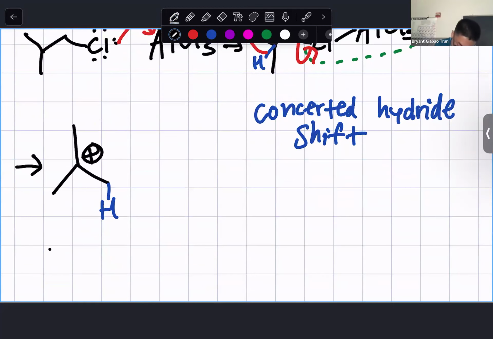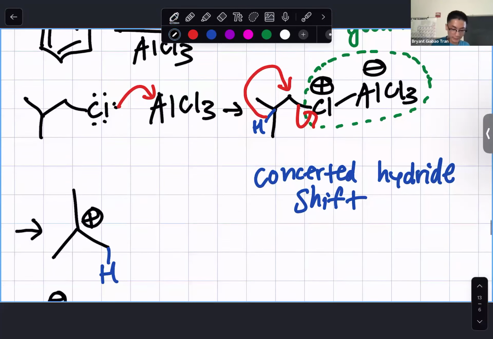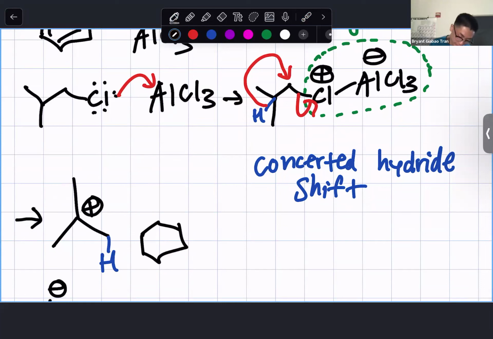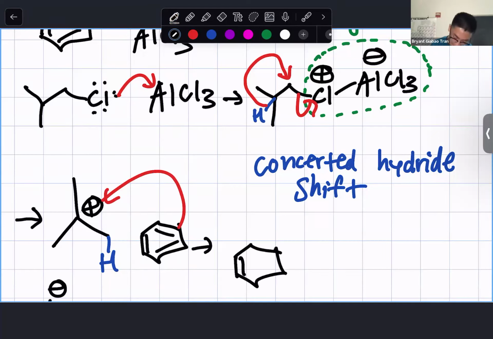And that gives us this side product with the aluminum with the negative charge still because it has 4 bonds, and our electrophile here, where we could now bring in our benzene ring, attack the electrophile, and do the same exact last steps as regular.